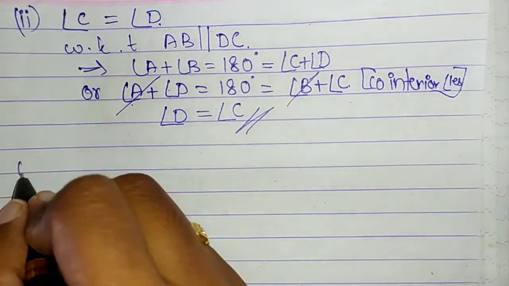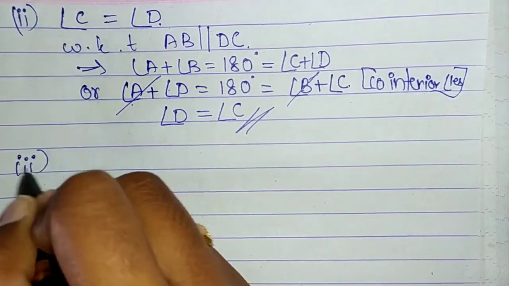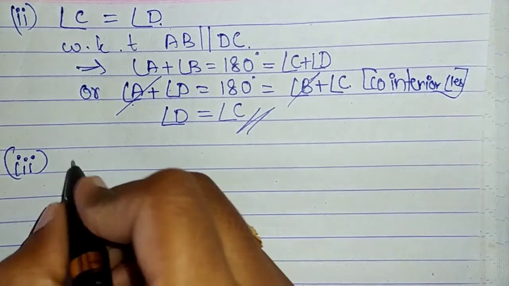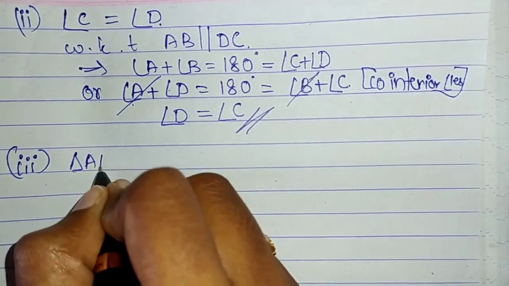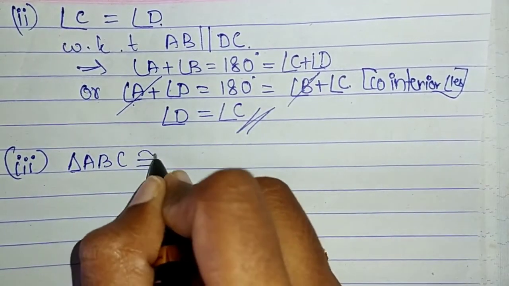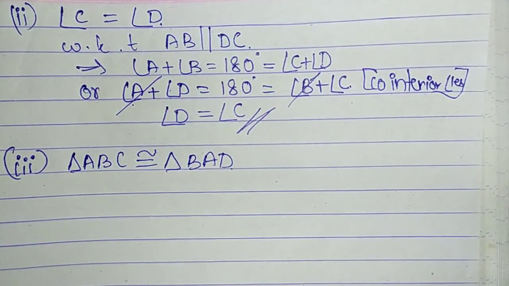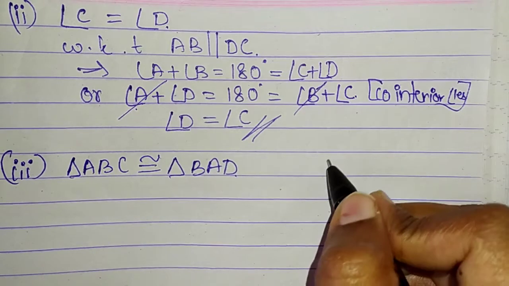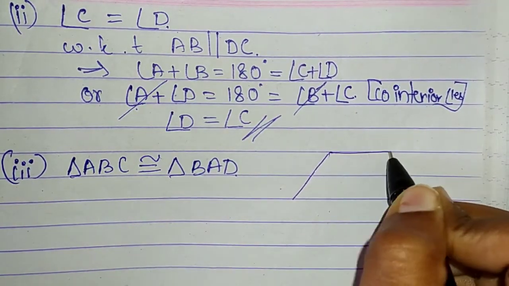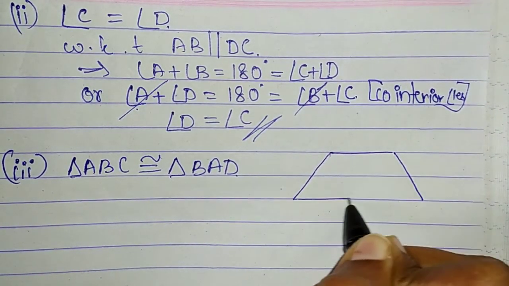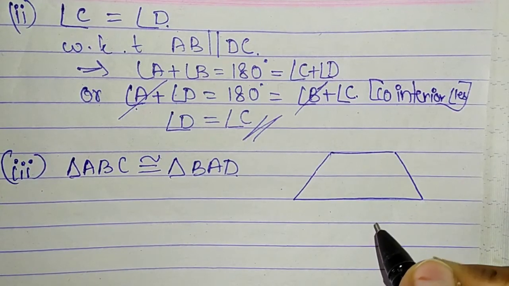Third sub question, we need to show that triangle ABC is congruent to triangle BAD. So to do this, the diagram is something like this. This is our trapezium. Draw it with pencil, children, and use a scale.